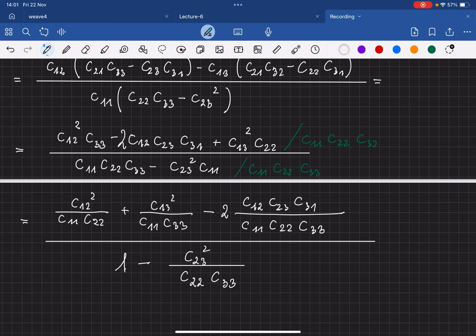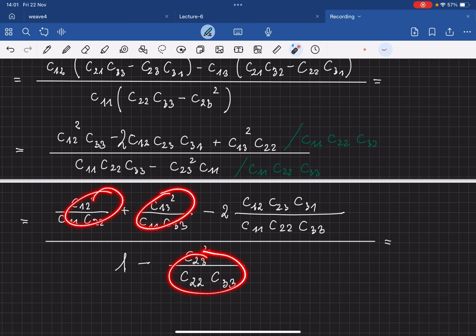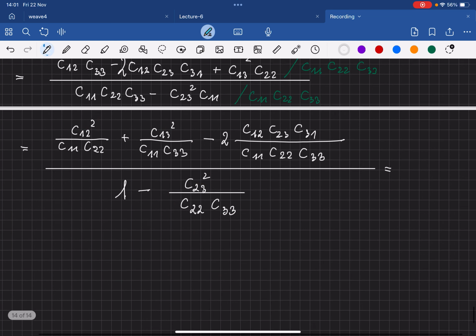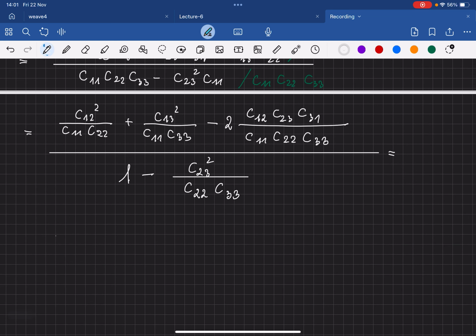Okay, so to understand this formula, let us first look at these summands. They are all of the form the covariance of variable xi, xj divided by variance of xi, variance of xj.